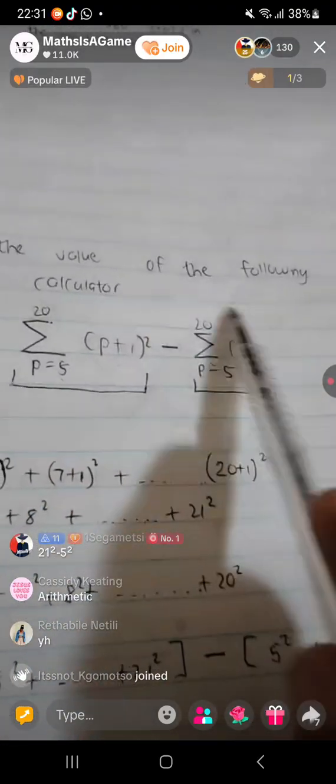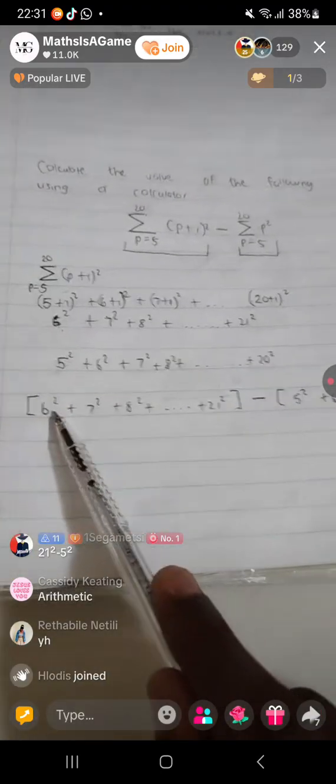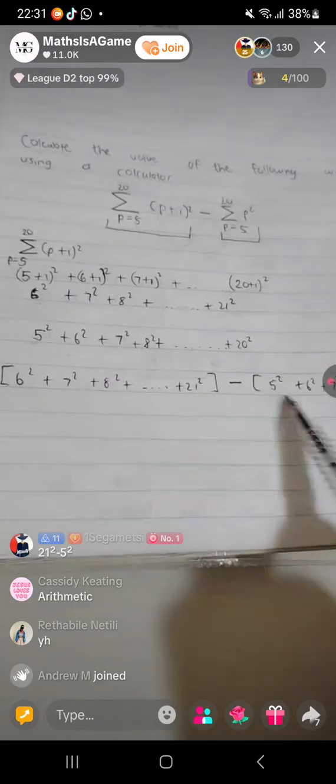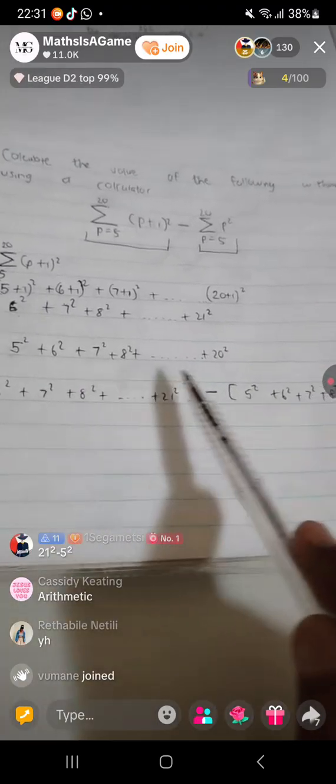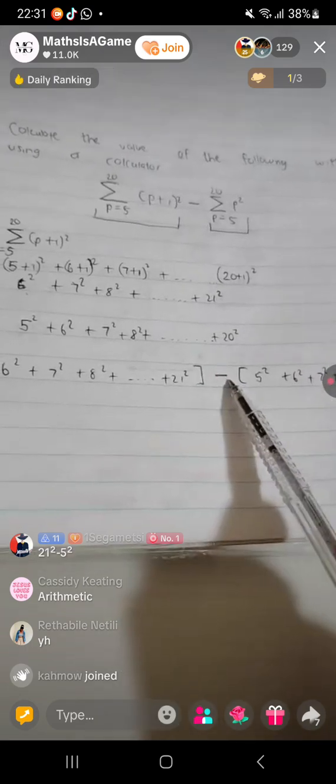Remember, this is minus the sum of all that is there. So 6 squared is going to subtract that 6 squared. 7 squared is going to subtract that 7 squared, because it's going to be negative.